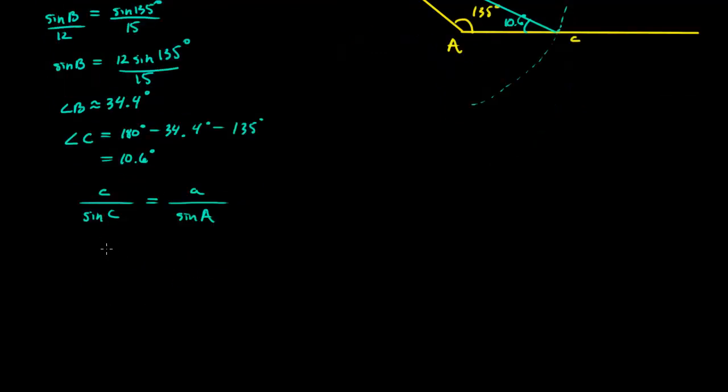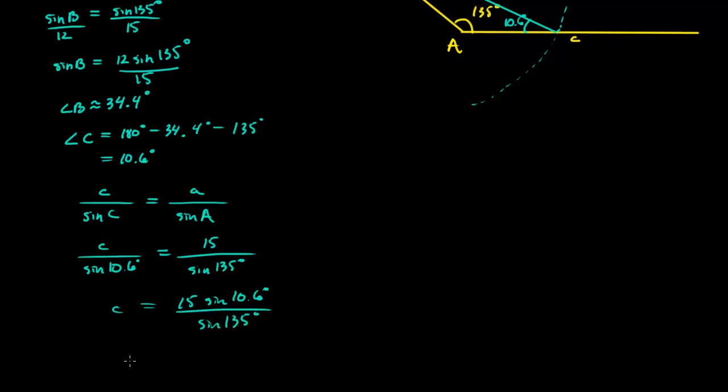And sine of C is sine of 10.6 degrees. A is 15, and the sine of angle A is the sine of 135 degrees. So I get that C is equal to 15 sine 10.6 degrees divided by sine 135 degrees.